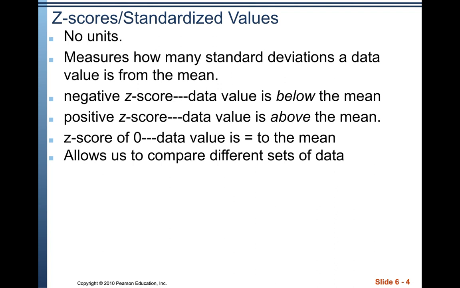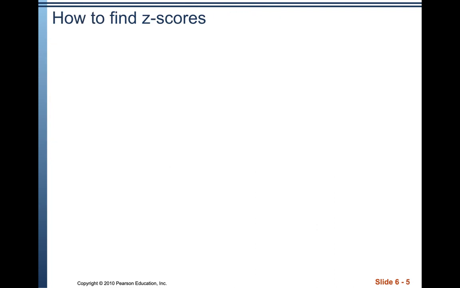So, for example, if I had a list of standardized test scores from different schools or different states or different classes, if I had different sets of data and I wanted to compare them, I could use z-scores to allow me to do that comparison.